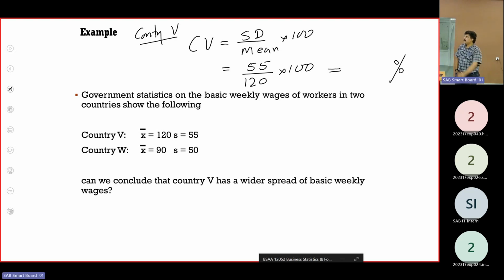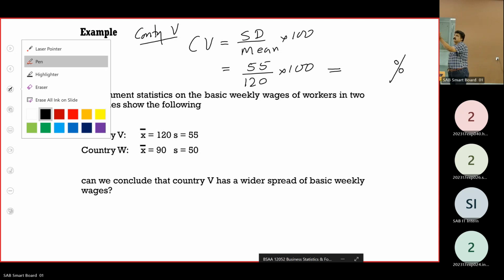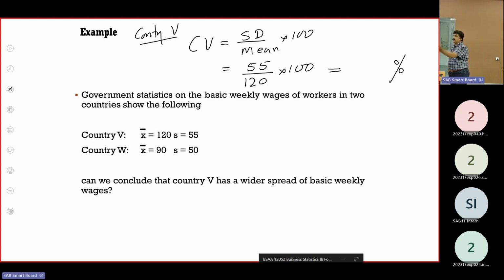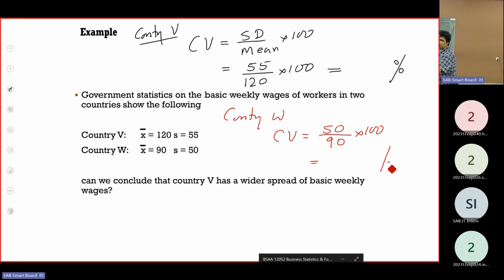Similarly, we can calculate the country W CV value with the same formula: standard deviation 50, mean 90, into 100. Again, we can get the value as a percentage.